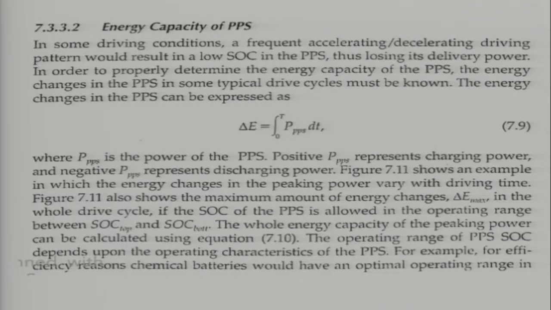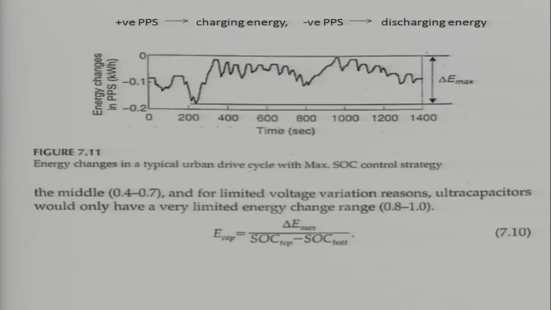The operating range of PPS SOC depends upon the operating characteristics of the PPS. For efficiency reasons, chemical batteries would have an optimal operating range in the middle, 0.4 to 0.7. That means when chemical batteries are used, 40 to 70% is the middle operating range.